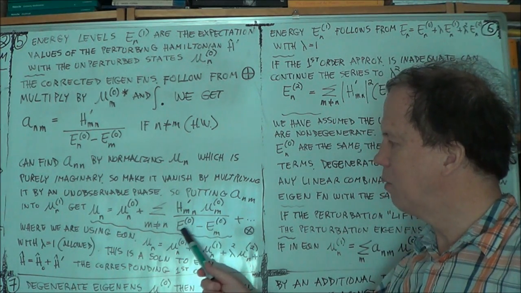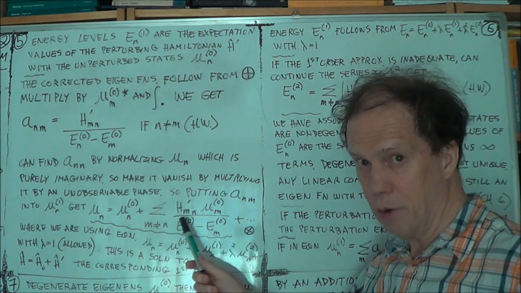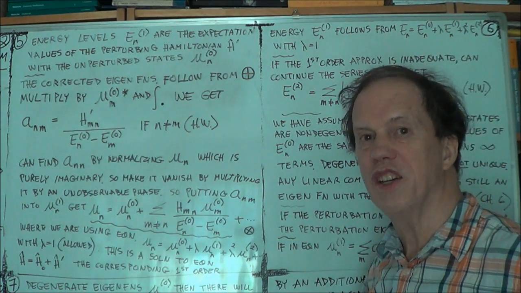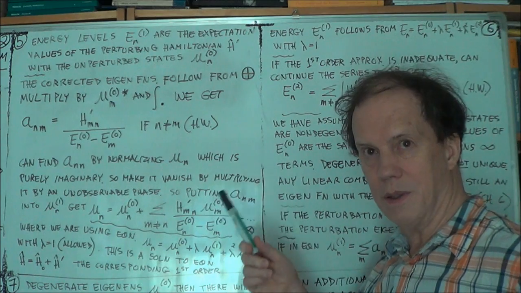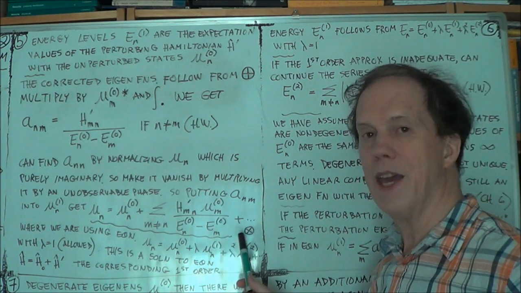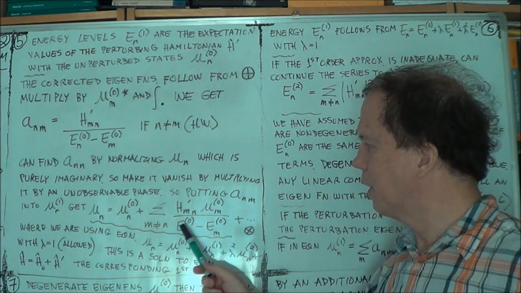And when would that happen? See, this is the eigenenergy, the eigenvalue, for the eigenfunction UN. And this is the eigenvalue, the eigenenergy, for the eigenfunction UM. Okay? And they are assumed to be different.